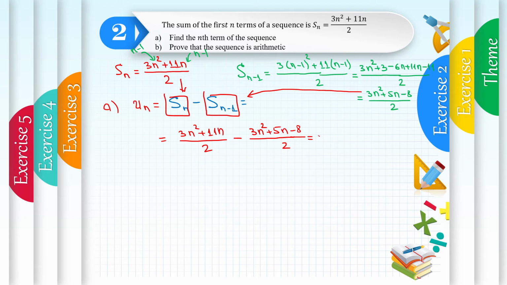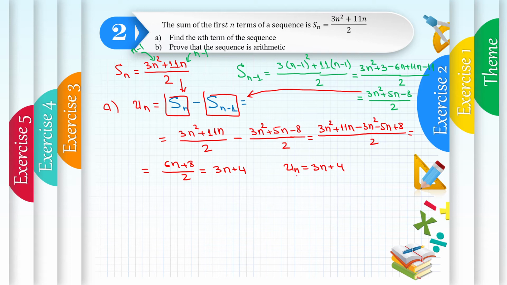We have the difference of two fractions, so we obtain (3n squared plus 11n minus 3n squared minus 5n plus 8) over 2, which gives us (6n plus 8) over 2, or 3n plus 4. So we found that u sub n is equal to 3n plus 4.